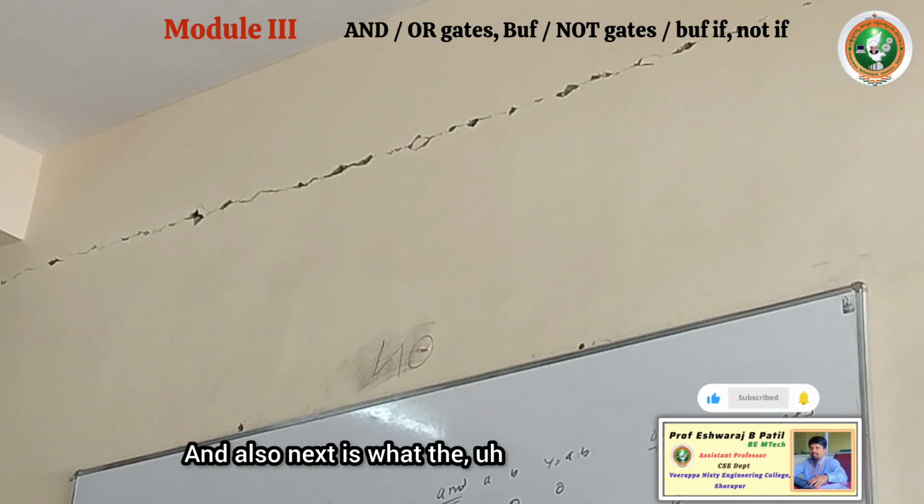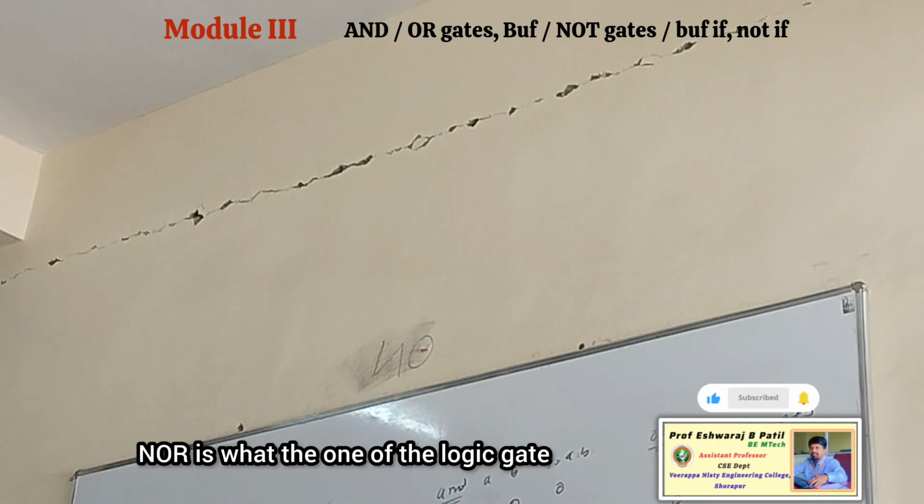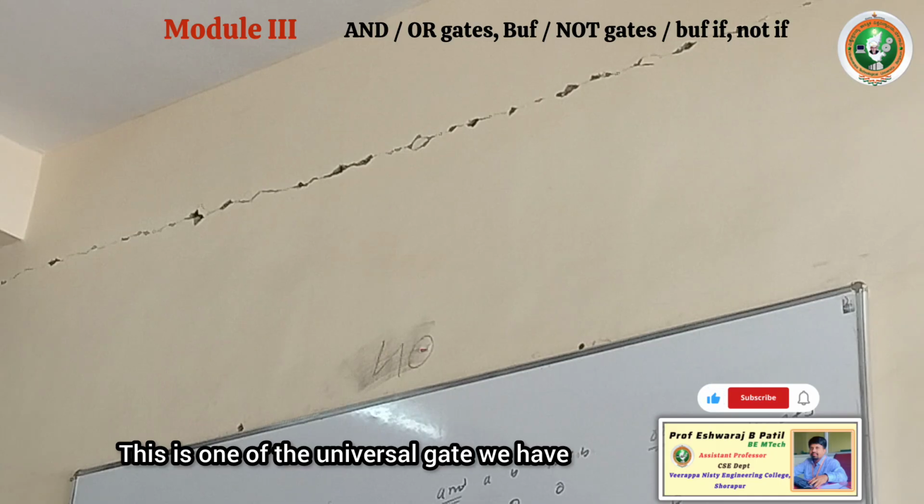And next is the NOR. NOR is one of the logic gates. Is this a derived logic gate or a universal gate? This is one of the universal gates we have.